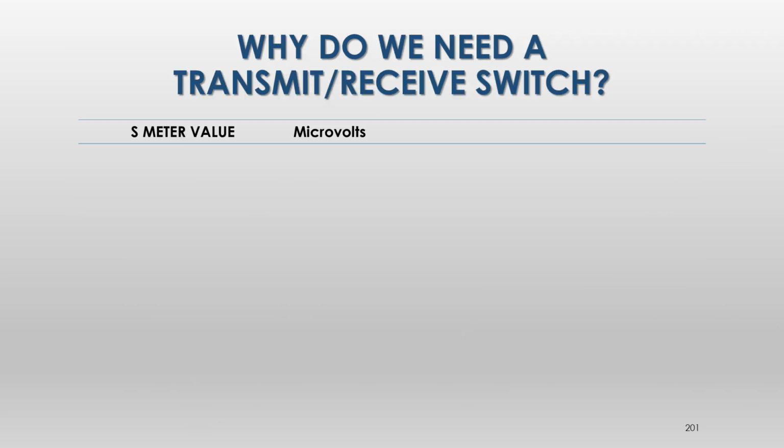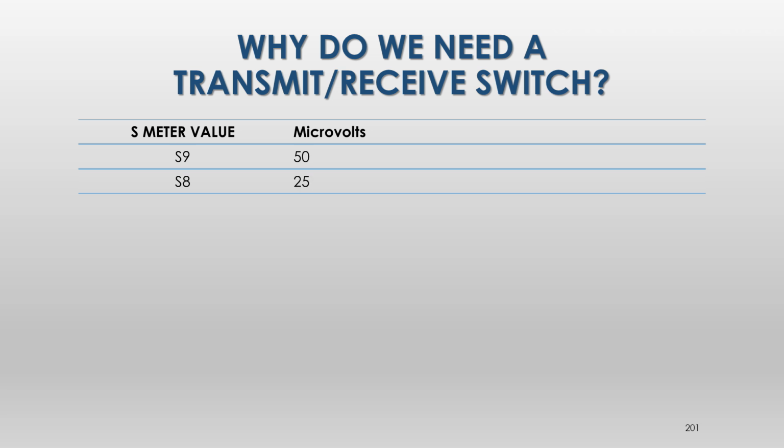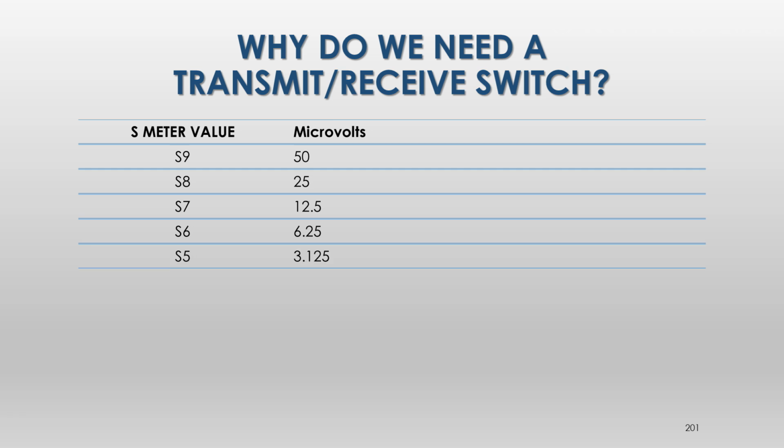Okay, here we go, S meter values. Microvolts, how much is a micro? How many zeros? 6. S9 is 50 microvolts. S8 is 25 microvolts. S7 is half of that, 12.5 microvolts. S6, 6 1/4. S5, half of that, 3 1/8.